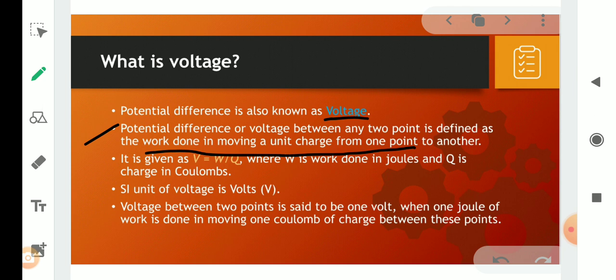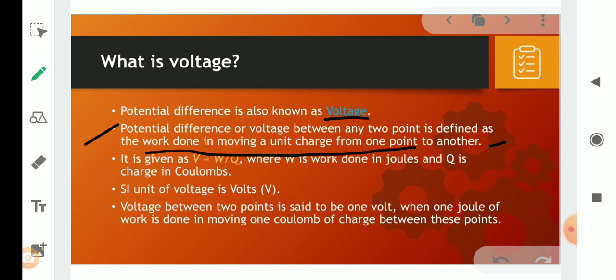Once again, the work done in moving a unit charge from one point to another point is called potential difference.